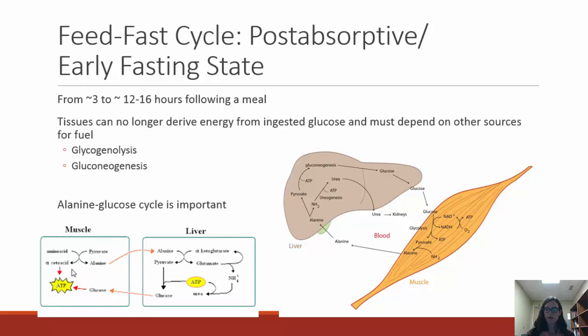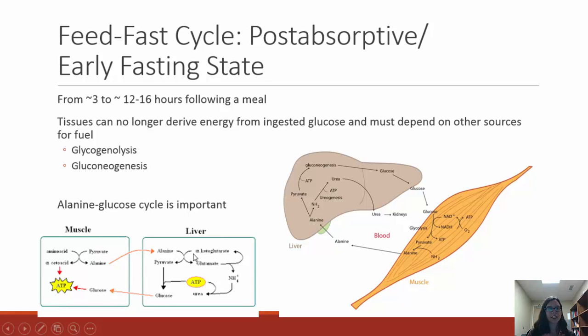So the alanine that's produced in the muscle, sorry, my mouse keeps going on. The alanine that's produced in the muscle then goes to the liver and is deaminated with alpha ketoglutarate. So we have our protein here, we have our alpha keto acid here, and then the alanine is in this stage, then donates the amino group to the alpha ketoglutarate.